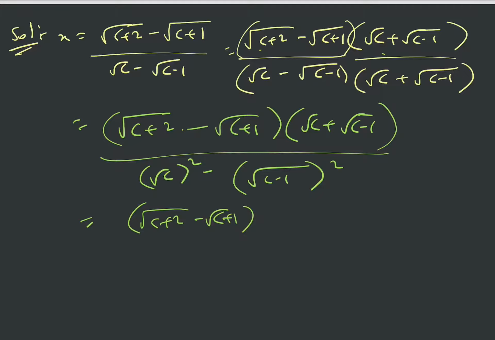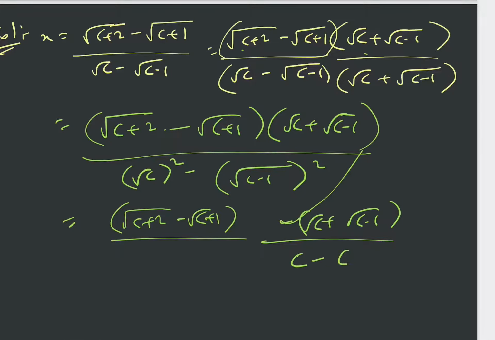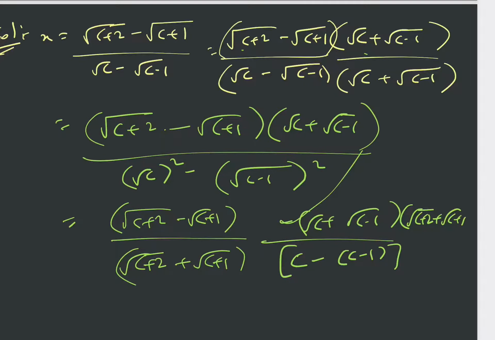Now you see, what I am doing is I am also rationalizing the numerator simultaneously. So this part is as it is, root c plus root c minus 1, and this part will become c minus c minus 1, right? A square minus b square, right? So I am writing this as root c plus 2 plus root c plus 1 into root c plus 2 plus root c plus 1.